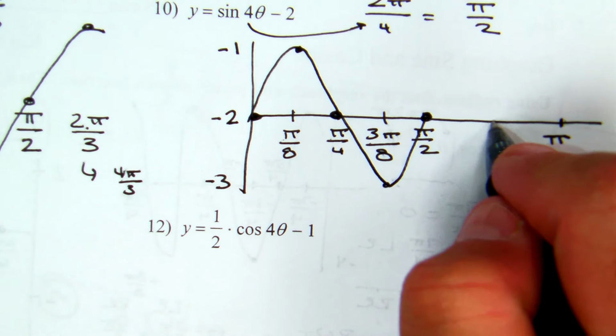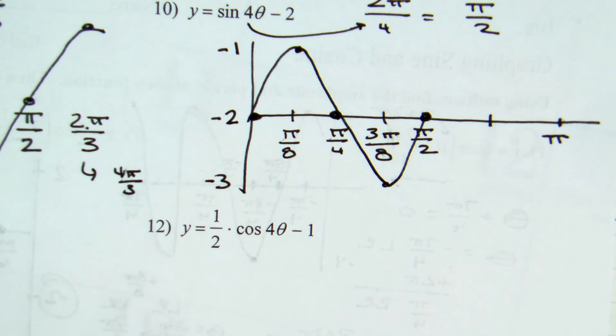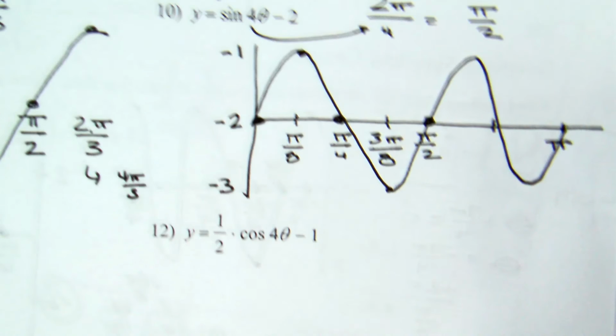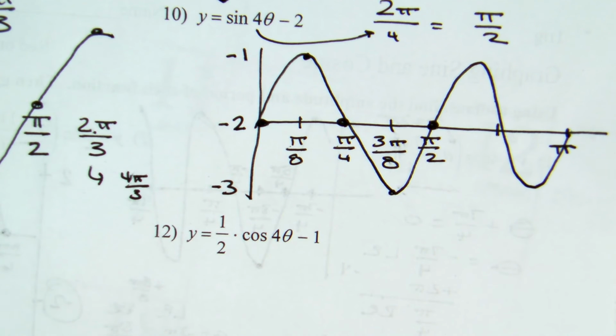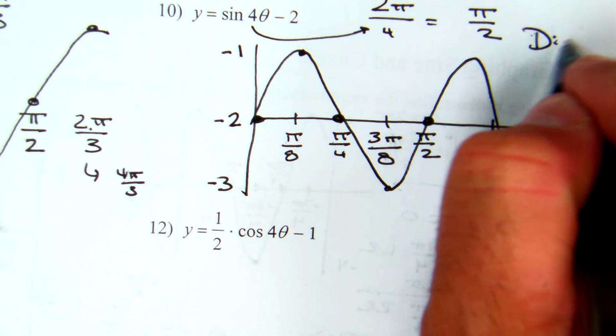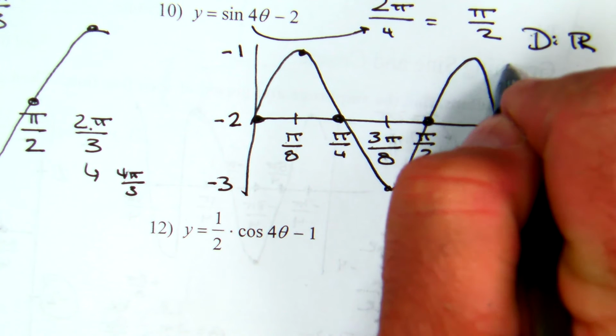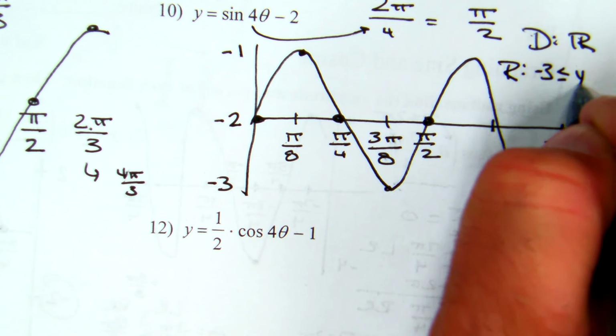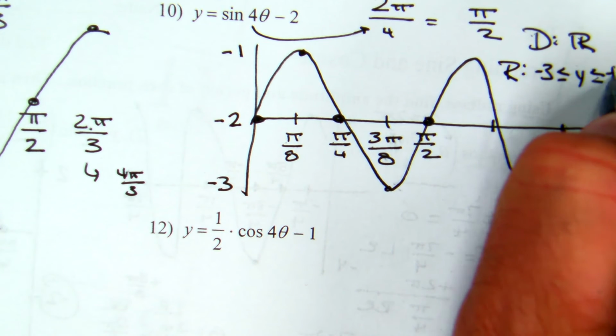And then that's generally where the next 0 is going to be. Just sketching it out, we end up there. Remember, domain is always all real numbers. And for this one, my range goes from the minimum, which is -3, to the maximum, which is -1.